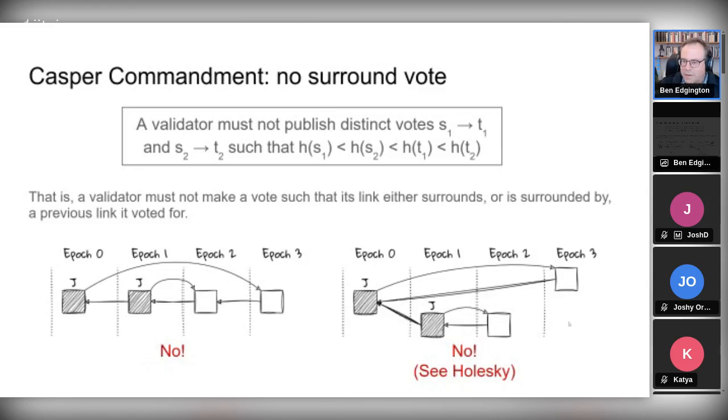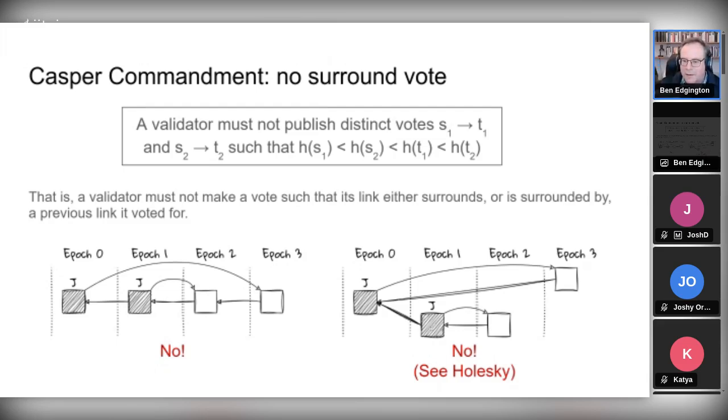The diagram on the right is interesting because this is actually what happened on Holesky after the upgrade. Briefly, the bottom fork was a majority fork, which was faulty. They had the wrong deposit contract address or unconfigured deposit contract address, but enough of them forked off with that that they were able to justify a checkpoint on the faulty chain.